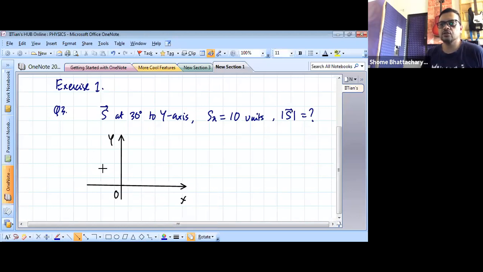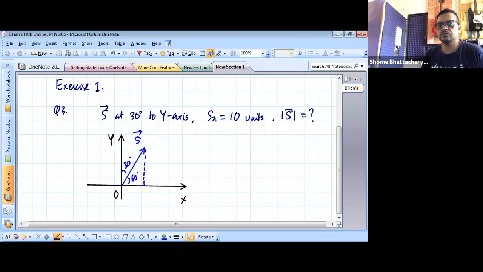If it was in second quadrant, then x component would have been negative. If it was in fourth quadrant, then the angle with the y-axis would have been an obtuse angle. So the only way it can satisfy this condition is that the vector is lying here somewhere, such that this angle is 30, which means this angle is 60.